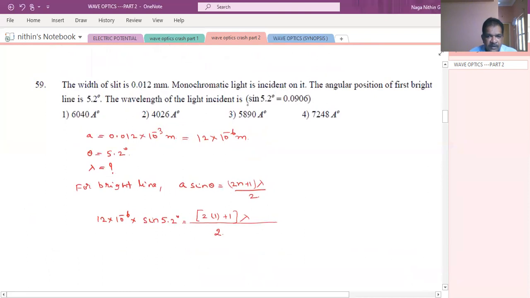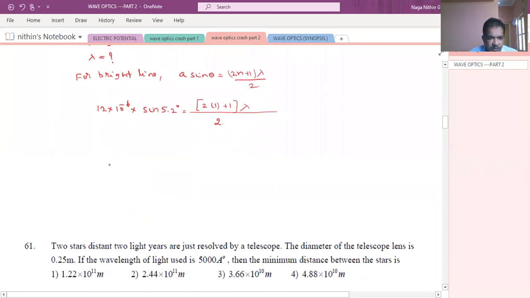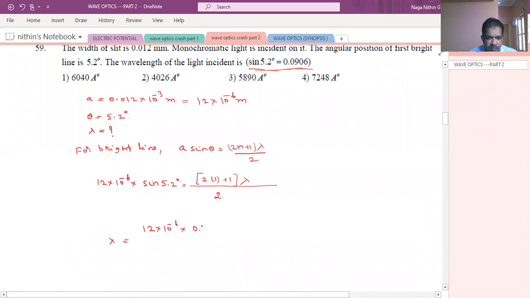Now they gave here sin 5.2 value 0.0906. You substitute. So 12 into 10 power minus 6 into 0.0906 into 2 by 3.